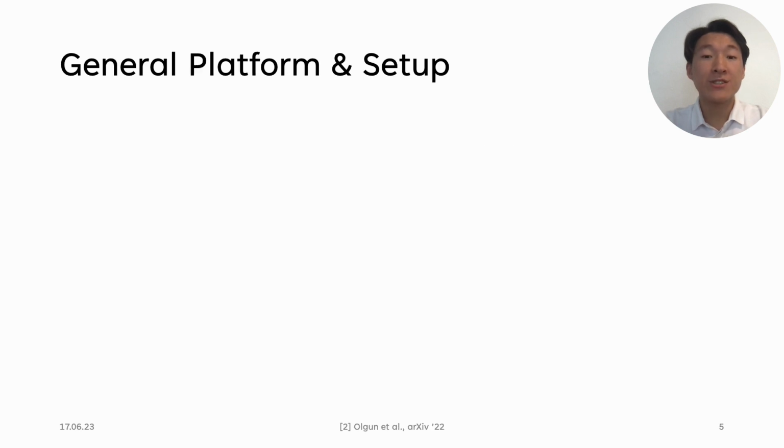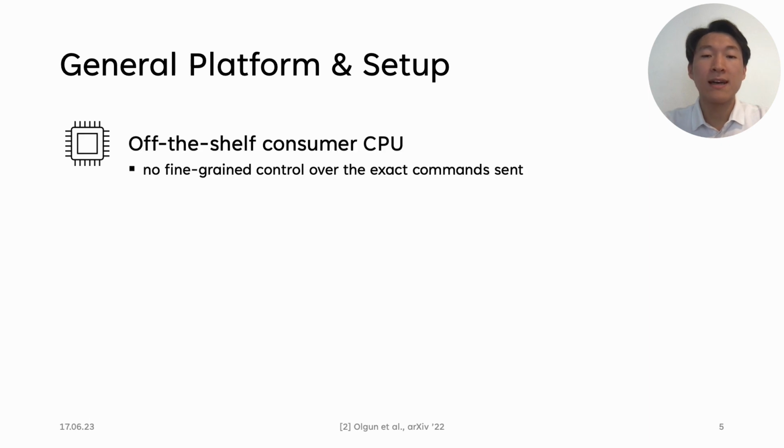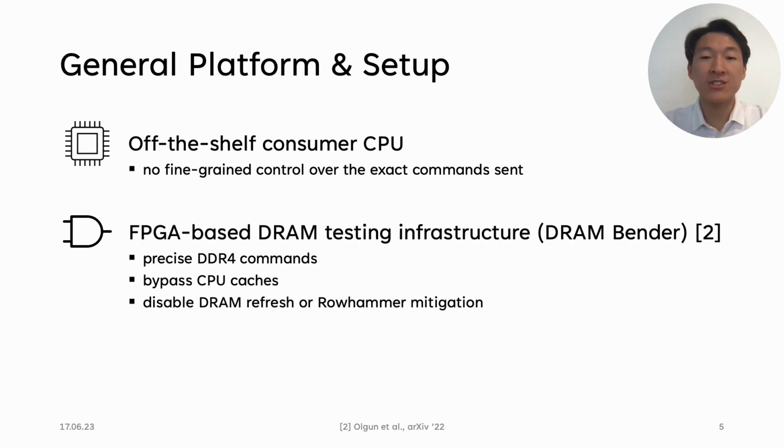Before answering the question, let me shortly introduce the platform and setup we used. An off-the-shelf consumer CPU prohibits us from having fine-grained control over the exact commands sent. To overcome this challenge, we used the FPGA-based DRAM testing infrastructure known as DRAM Bender. This platform allows us to exercise precise control over the DDR4 commands directed to the module.